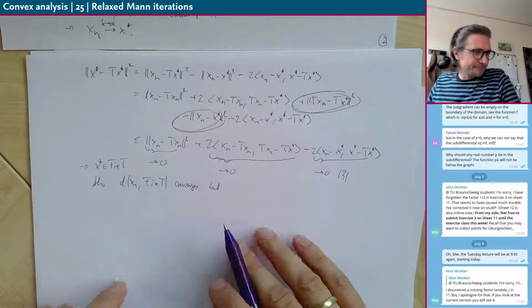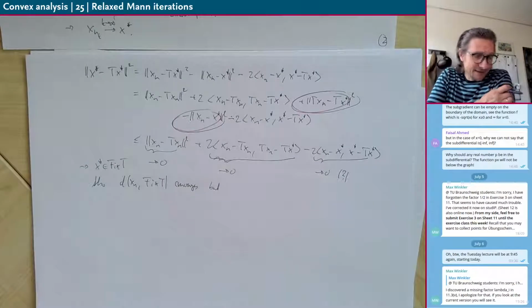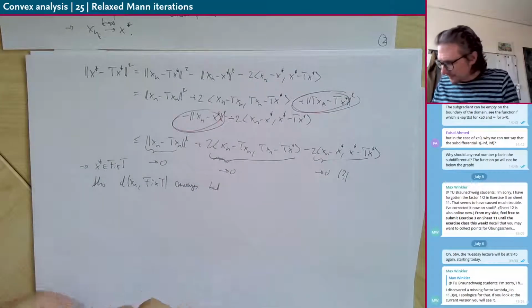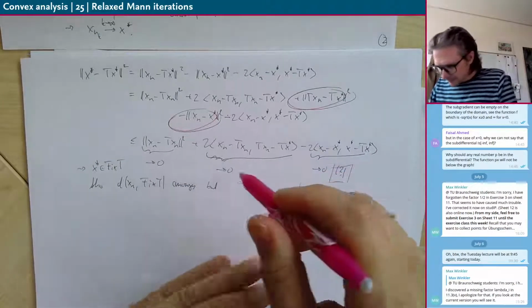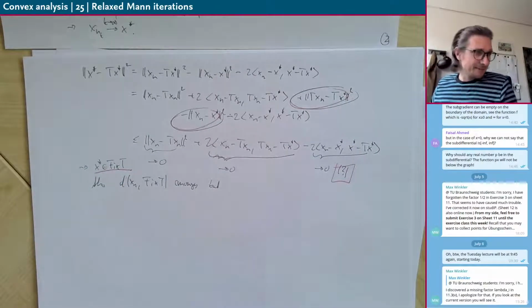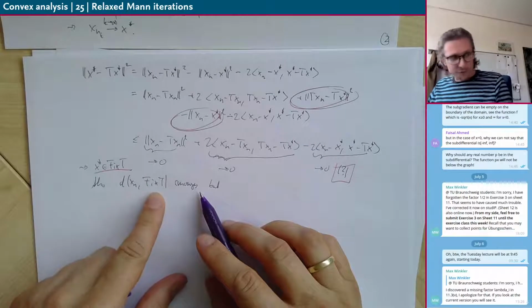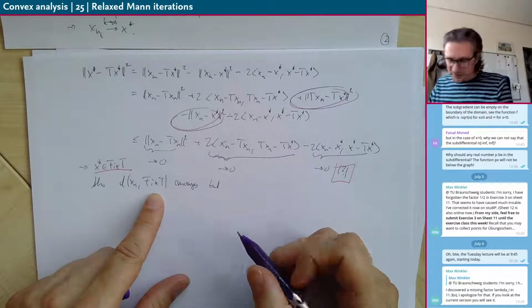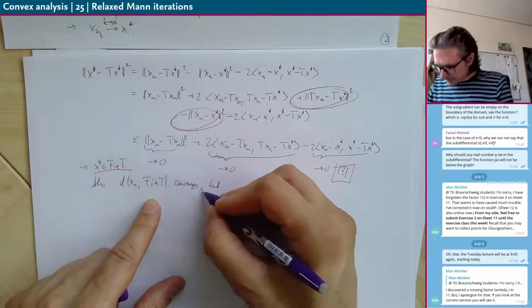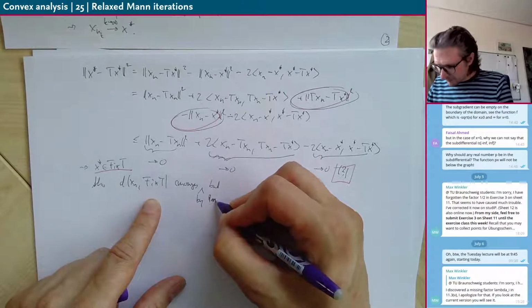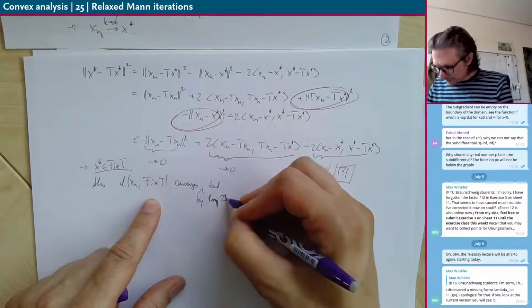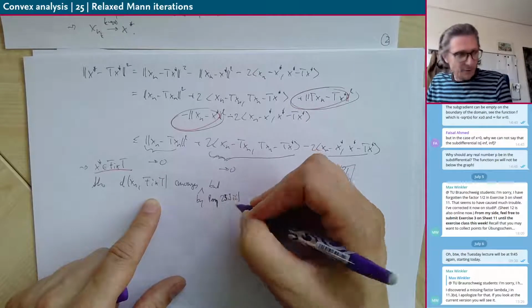Okay, but then if we have that, let's assume that we have that here. I need to fix that. But now we have that xn converges towards the fixed point set by the proposition.